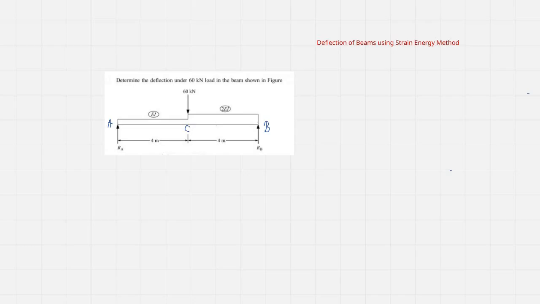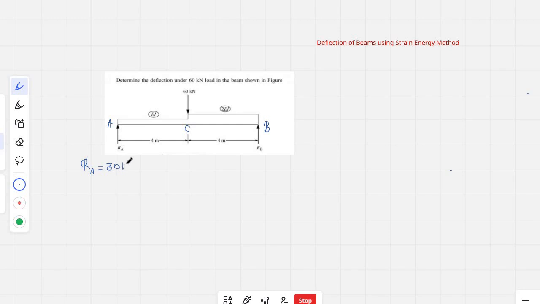Now you can see that the loading is exactly applied at the center. So the value of reaction at A could be taken as 60 by 2, that is equal to 30 kilonewton, and this is equal to RB because the loading is exactly applied at the center.